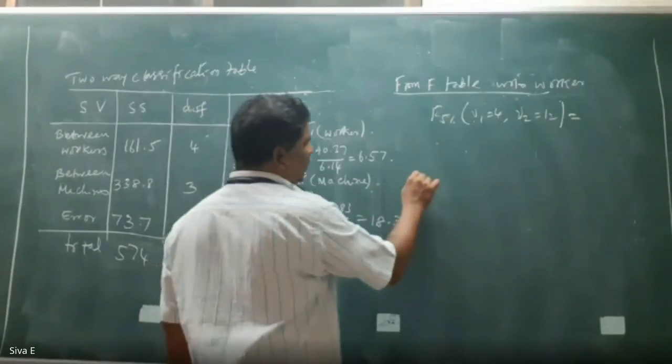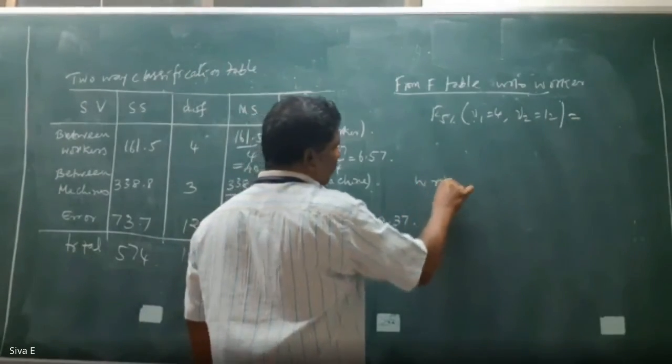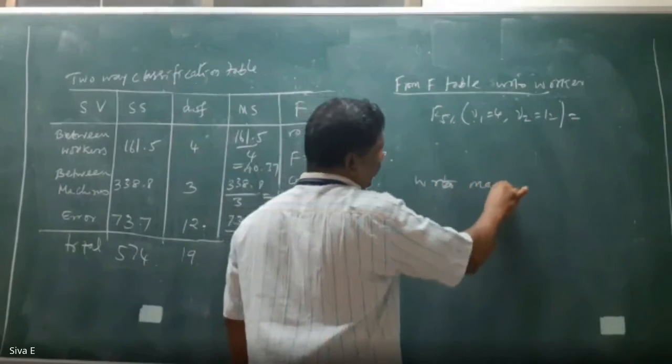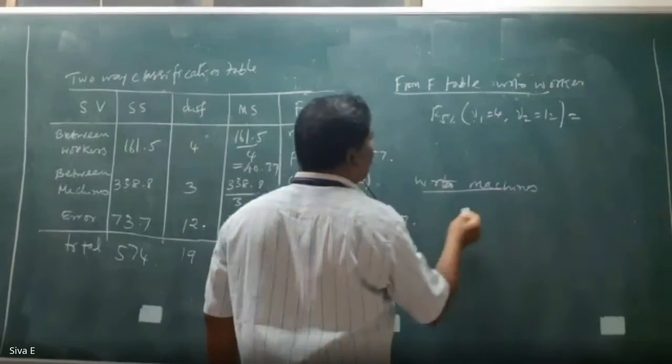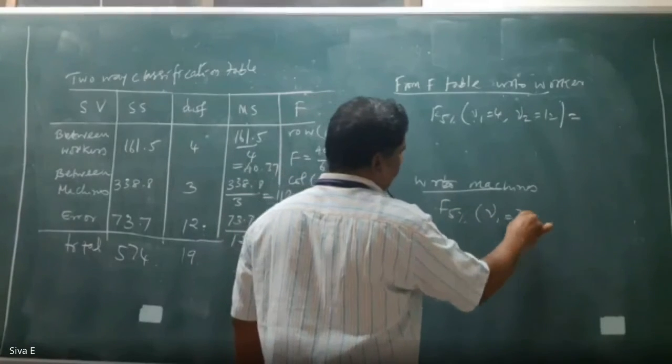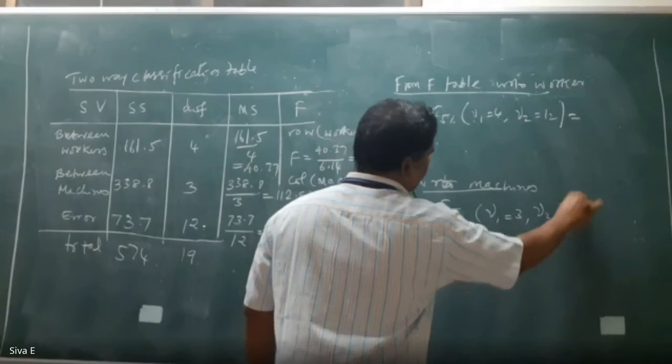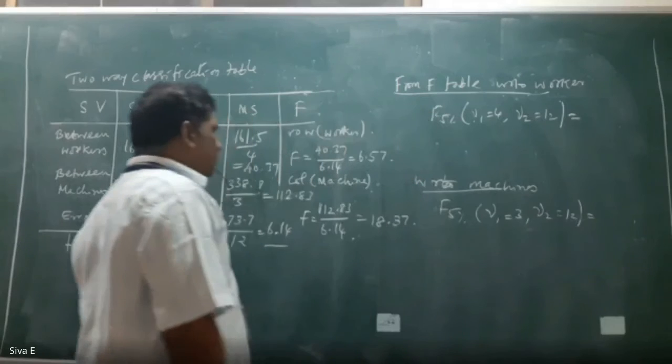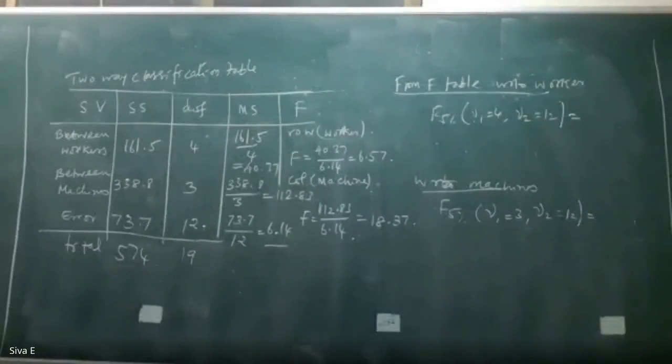With respect to machines, F at 5 percent, nu 1 equal to 3, nu 2 equal to 12. What are the values?